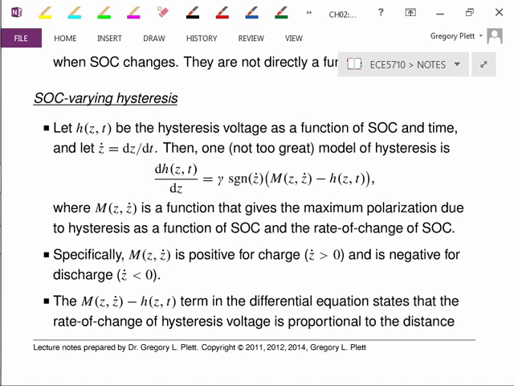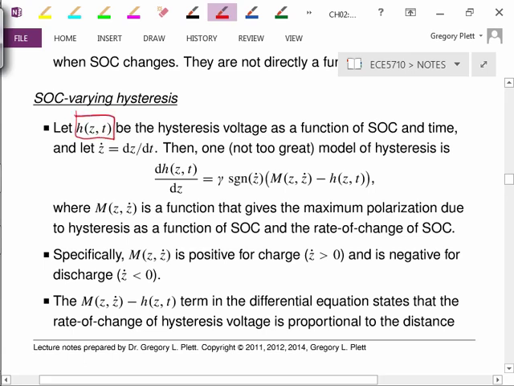It's better than no model at all, but there's a lot of room for improvement. We will define H(z,t) to be the hysteresis voltage as a function of state of charge, that's z, and time, that's t. And the time derivative of state of charge is dz/dt, which we denote by z-dot.